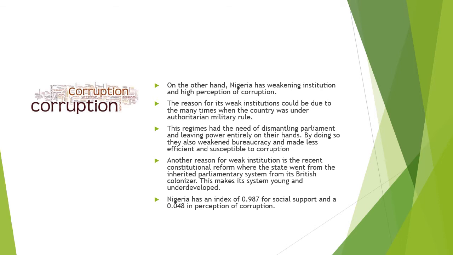Another reason for weak institutions is the recent constitutional reform, which took the state from a parliamentary system inherited from its British colonizers to a presidential system like the United States. Nigeria has a 0.987 score for social support and a 0.048 for perception of corruption.